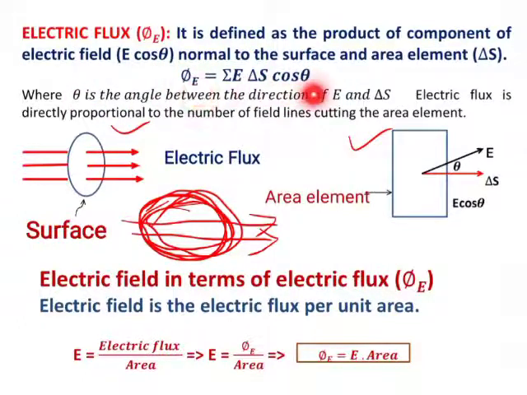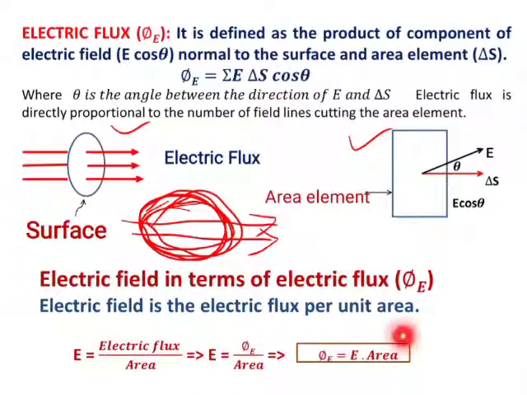And what is theta here? Theta is the angle between the direction of E and delta S. E is in this direction and this is the direction of delta S. Between these two, the angle is theta. That is the reason we write cos theta here.